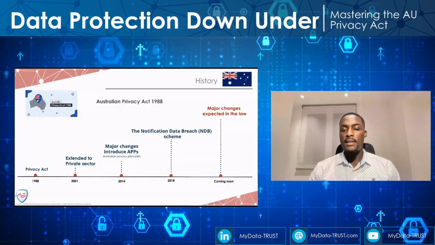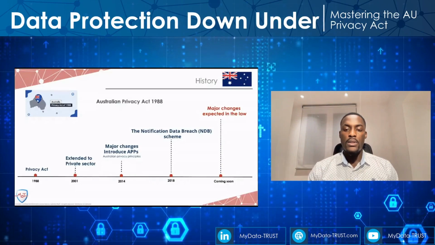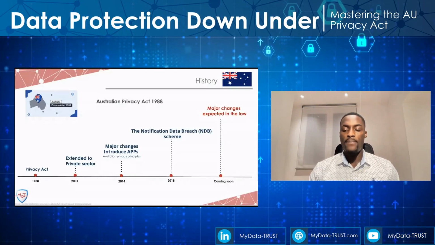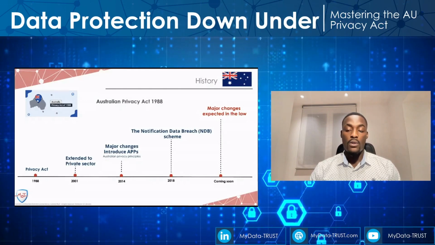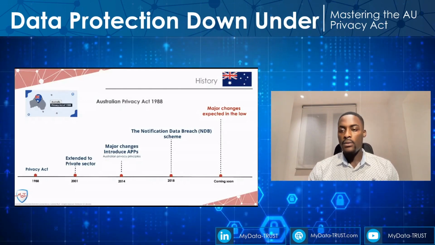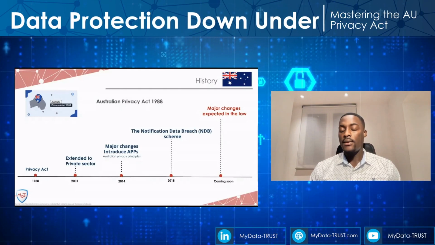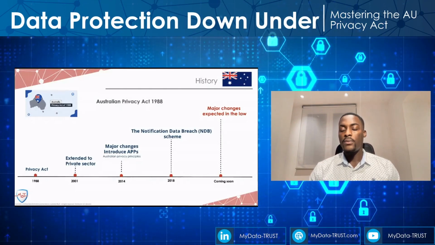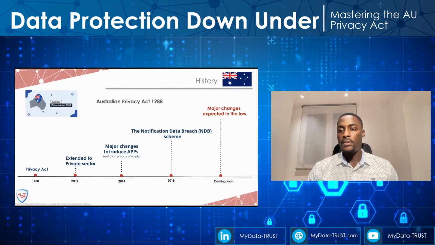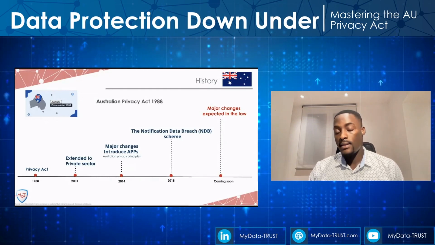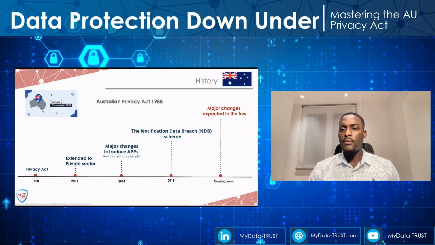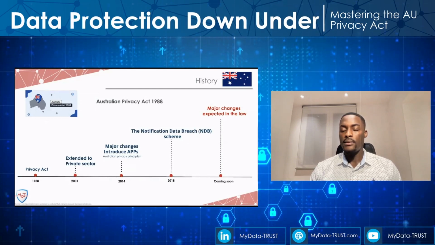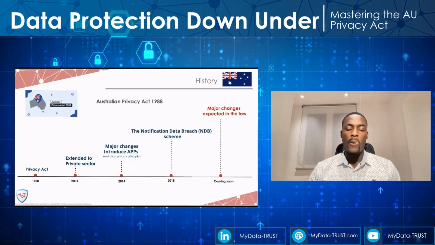In 2018, they also amended the law to introduce the Notifiable Data Breaches Scheme with additional requirements regarding data security for some organizations. And currently, there is some discussion about a proposed major change in the law in Australia. As Ed explained, we will talk much more about this change later in this presentation.